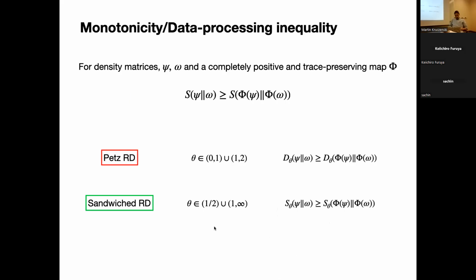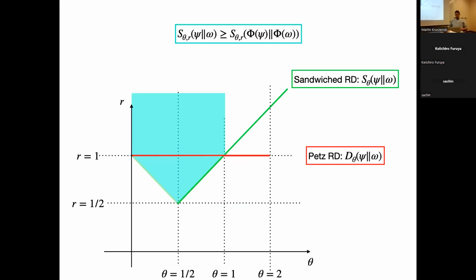There are several physical applications and interpretations for the data processing inequality for sandwich Rényi divergences, but I didn't have time to include them here. I can share a paper with you.